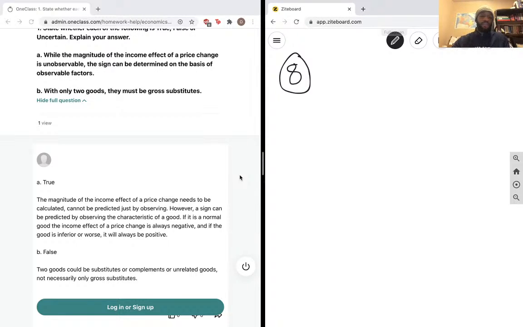The magnitude of the income effect of a price change needs to be calculated and cannot just be predicted by observing. However, a sign can be predicted by observing the characteristic of the good. If it is a normal good, the income effect of a price change is always negative. If the good is inferior or worse, it will be positive. So that is correct.